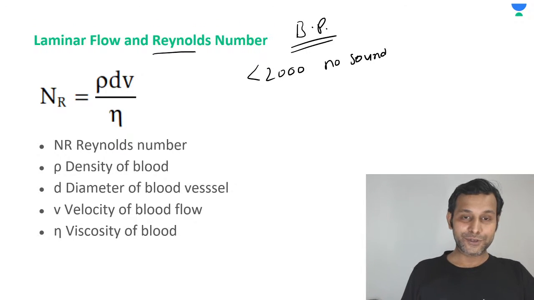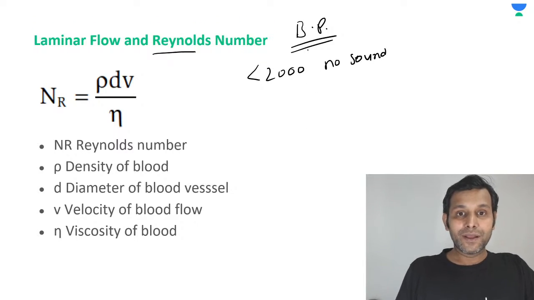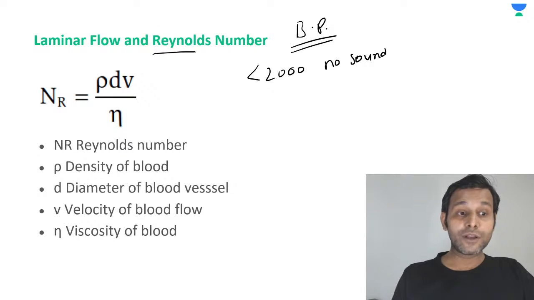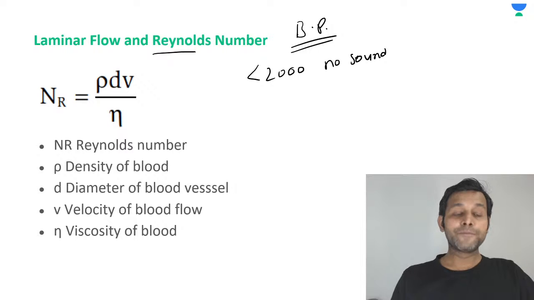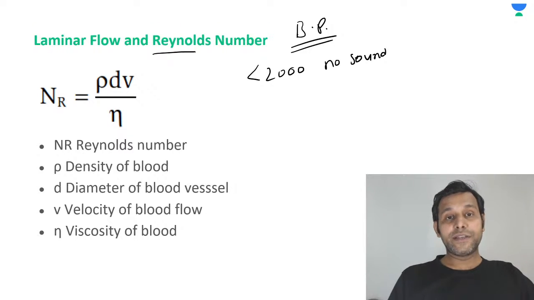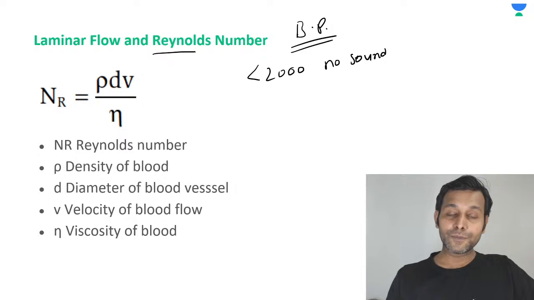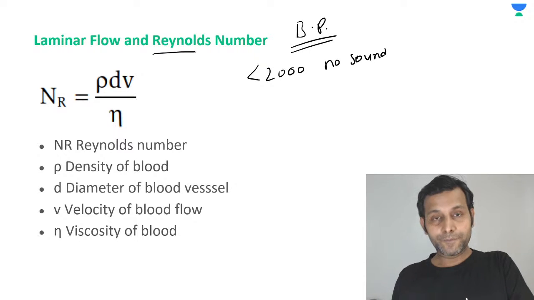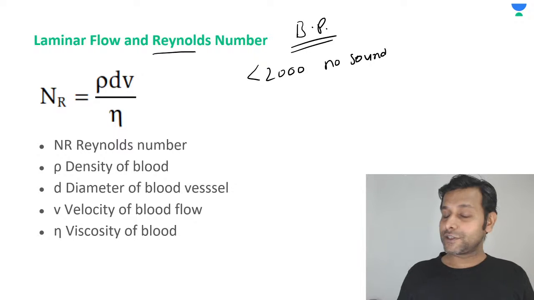Now coming back to the situation here. See, the Reynolds number is a number which is dependent on the density of blood, the diameter of the vessel, the velocity of blood flow, and the viscosity of blood. I repeat once again: the Reynolds number determines the conversion from laminar to turbulent flow. It is turbulent flow which creates a sound.